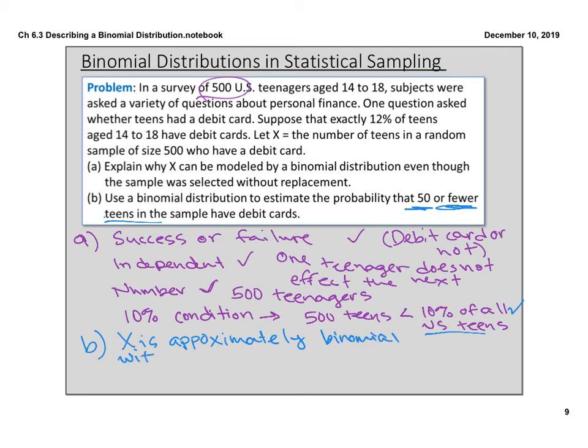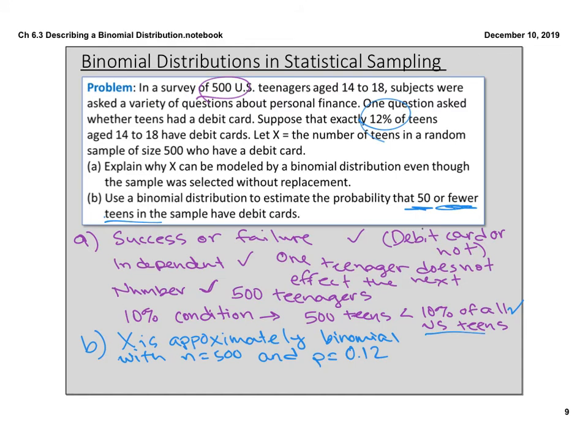With n equaling 500 and p equaling 0.12, that comes from the probability that they gave us.